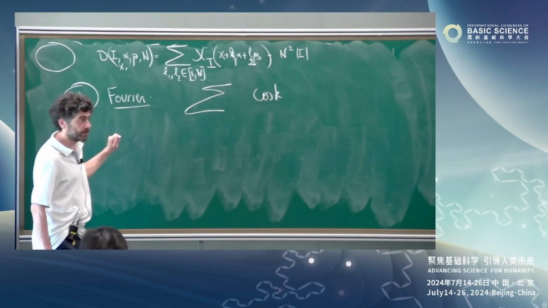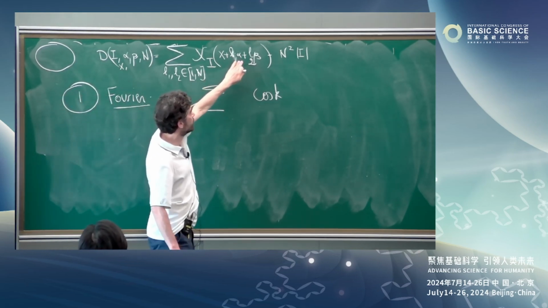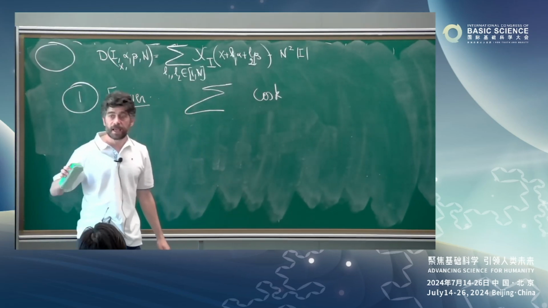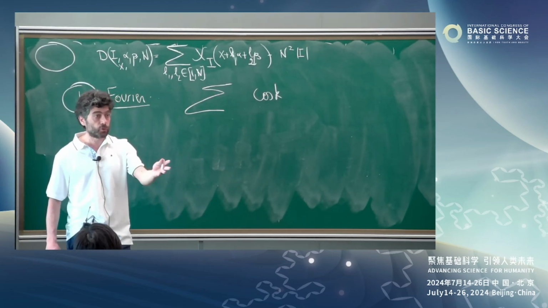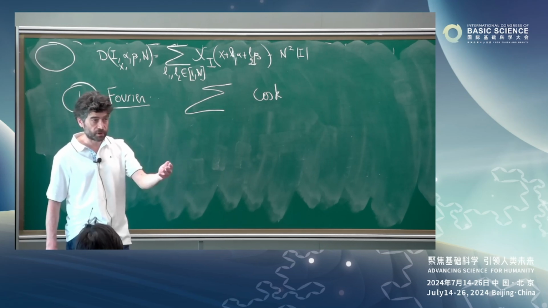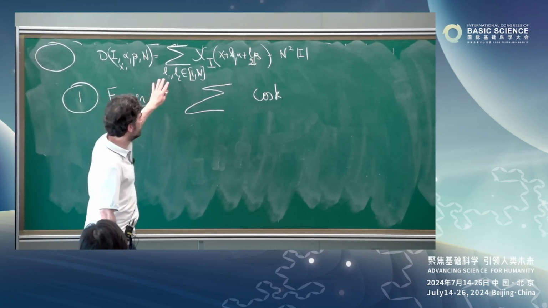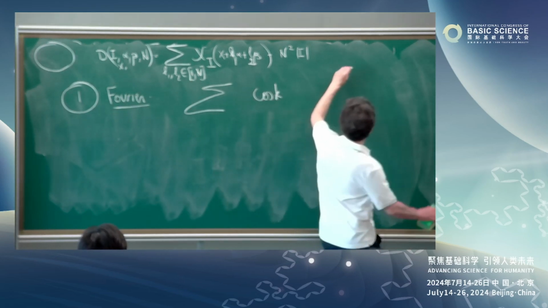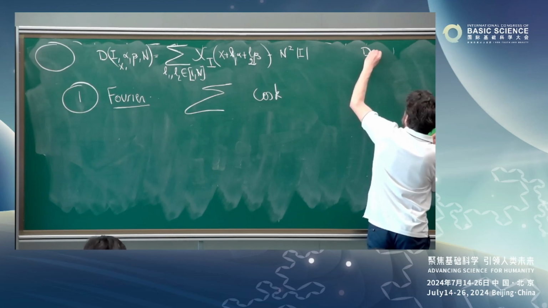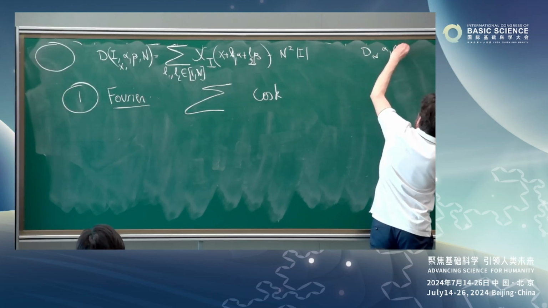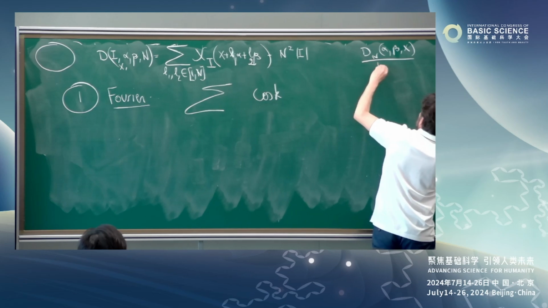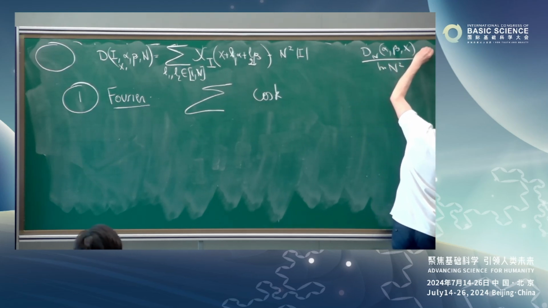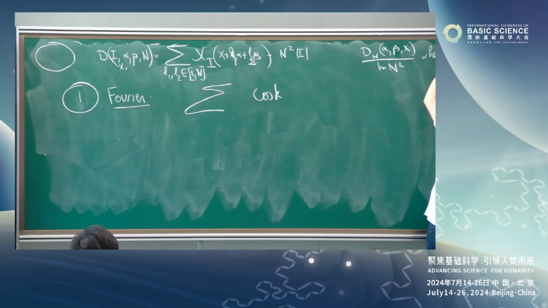Yes, exactly. This is a function of x, alpha and beta. And now x, alpha and beta will be random on the circle, each one. And we want to know how this function behaves on average. Our goal is to understand D_N(alpha, beta, x) divided by log N squared when alpha, beta, x are random.